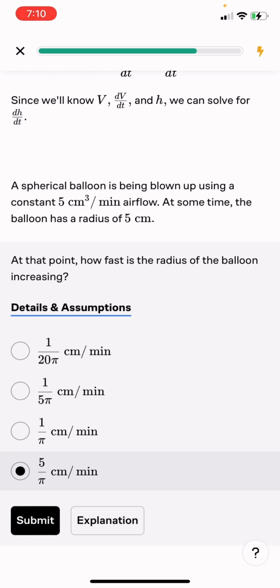The balloon is spherical, being blown up at a constant rate of 5 a minute of airflow. It may be a little less if you think about it. Maybe 1 over 5 pi.